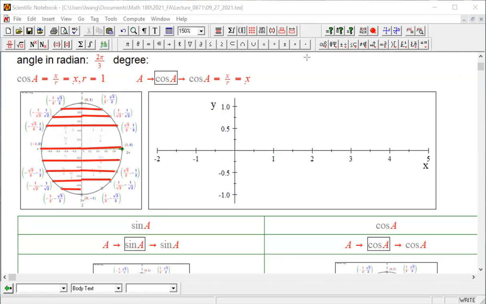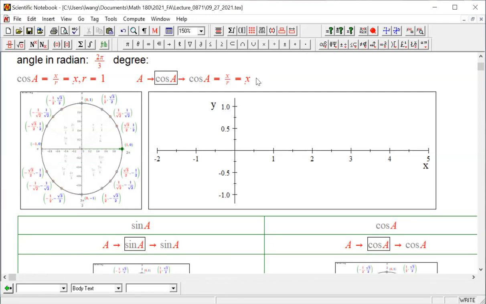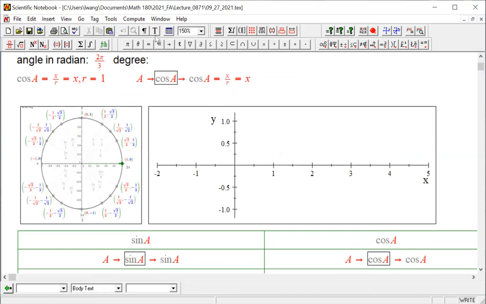Now, focusing on the red, the definition tells us that cosine of any angle is between -1 and +1. You can tell from that picture.